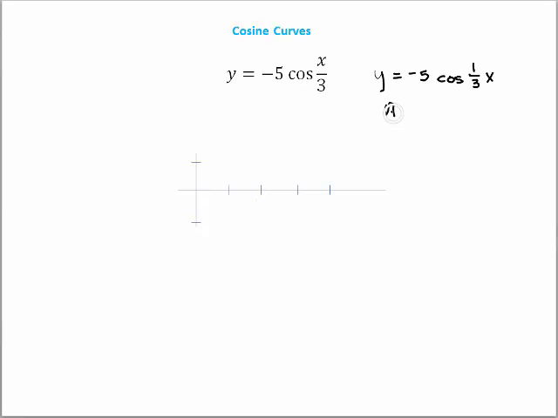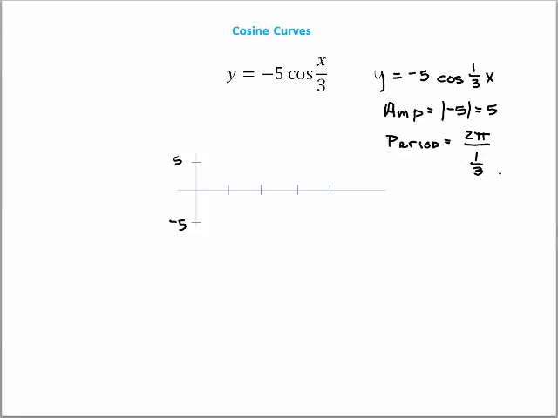Okay, so our amplitude, this is where the absolute value comes in, -5 equals 5. So we have 5 and -5 here. Okay, now our period. Our period is 2 pi divided by a fraction, 1/3.